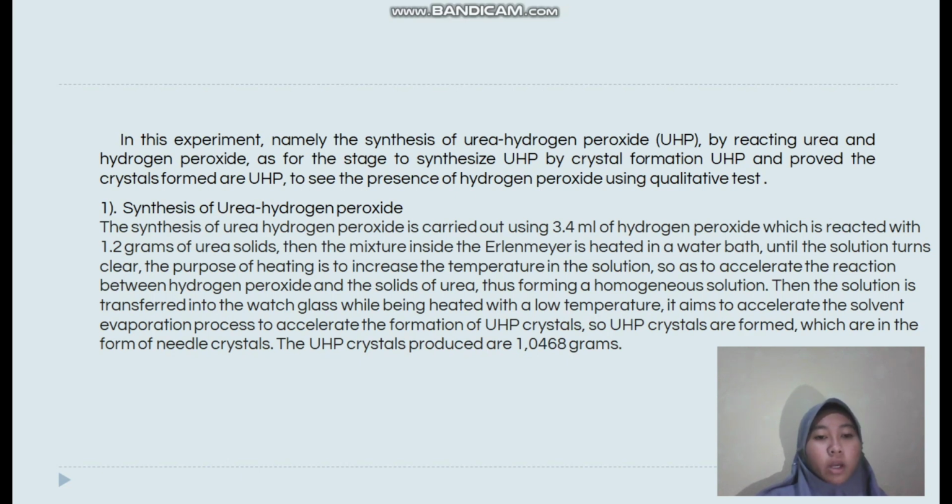The synthesis of hydrogen peroxide is carried out using 3.4 ml of hydrogen peroxide, which is reacted with 1 gram of solid urea. The mixture is stirred and heated in a water bath until the solution turns clear. The purpose of heating is to increase the temperature of the solution so as to accelerate the reaction between hydrogen peroxide and the solid urea, thus forming a homogeneous solution.